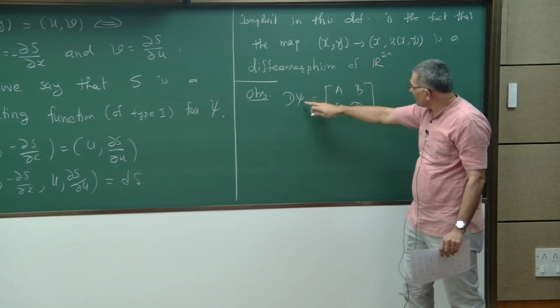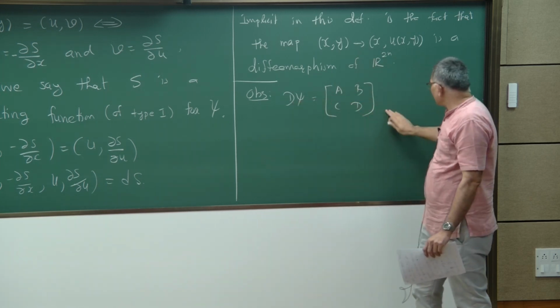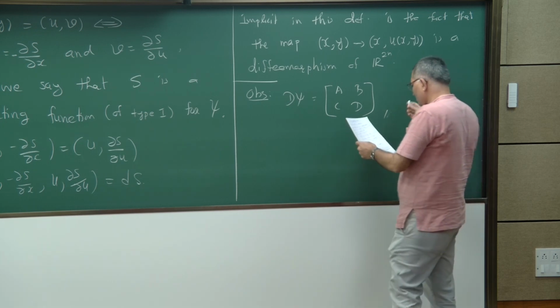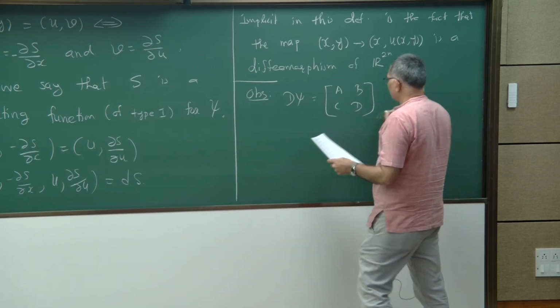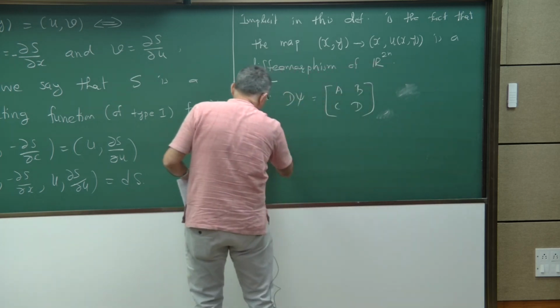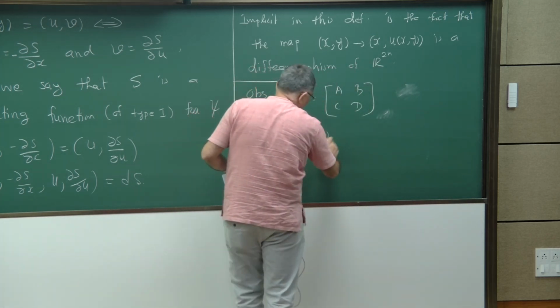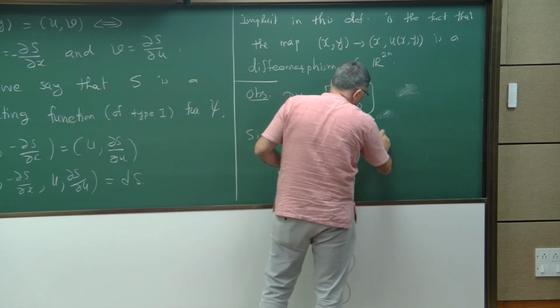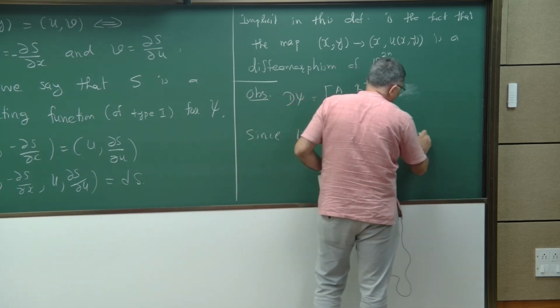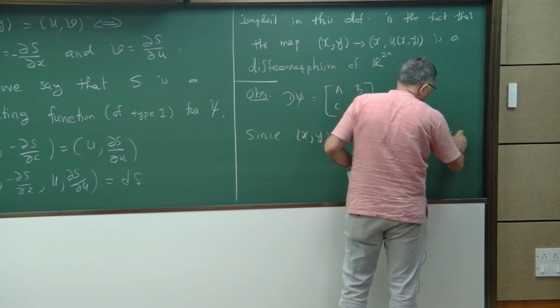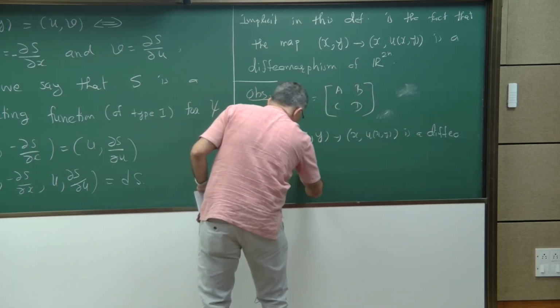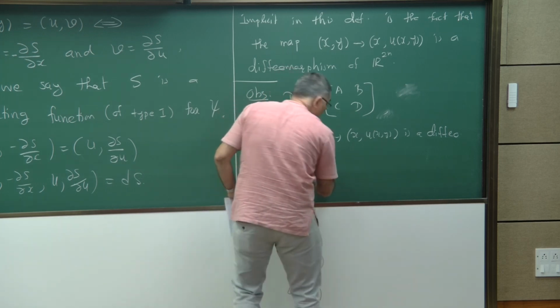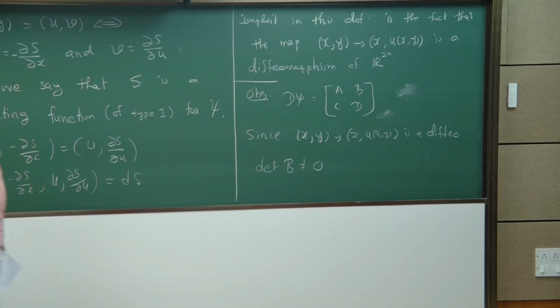This means that at every point d psi has the property that the determinant of B is non-zero, since psi is a diffeomorphism.